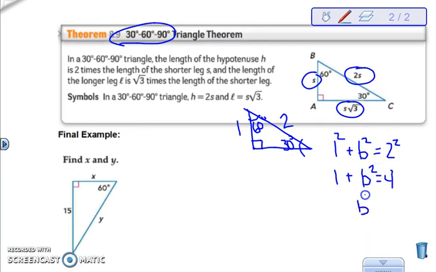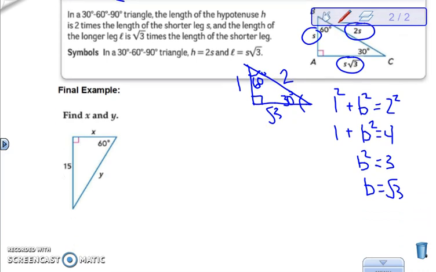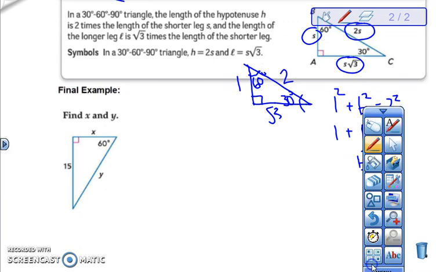So b squared is 3, which means that b is root 3. Right, so that is where our square root of 3 comes from. Using that triangle, we can solve for the missing pieces of any 30, 60, 90 triangle.